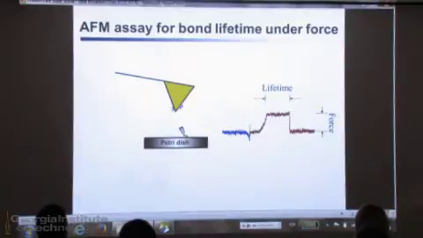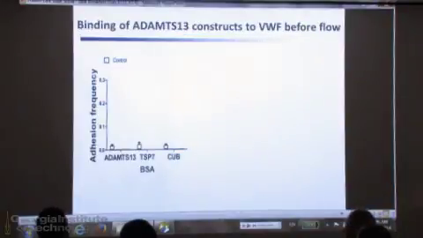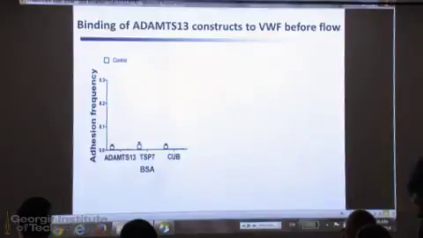All right. So if you can detect binding or not binding as a binary readout, you can then look at the frequency or the likelihood of whether or not binding occurs. So it's plotted here. You do 100 touches and count how many of those touches resulted in binding, and that's what the frequency is here.